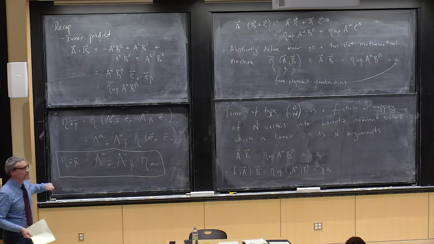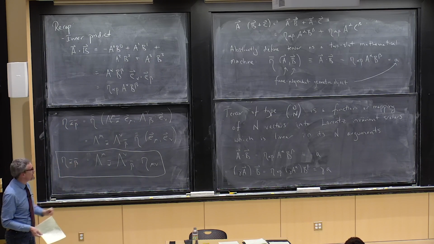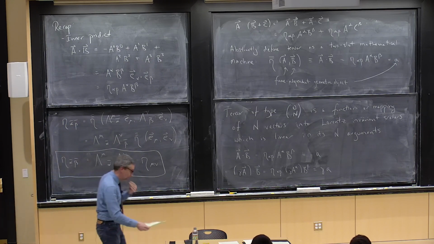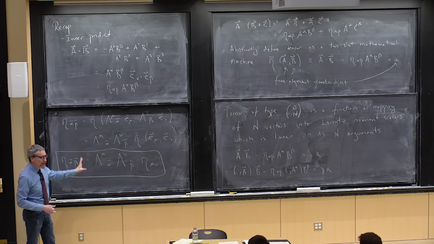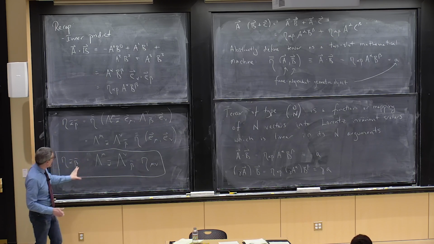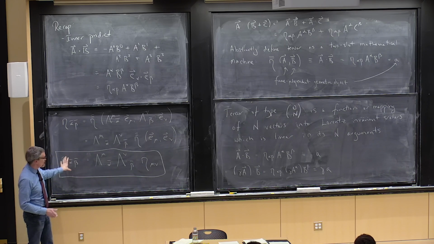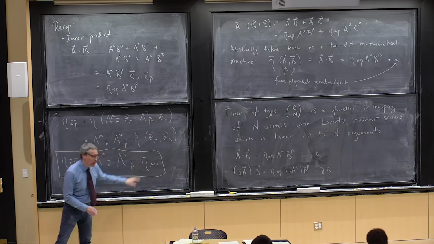Repeat this exercise for any 0n tensor you care to write down, go through all this kind of manipulation, and you will always find that there's a very simple algorithm for getting the components in, let's call it the barred observer's frame, as converted from the unbarred observer's frame.